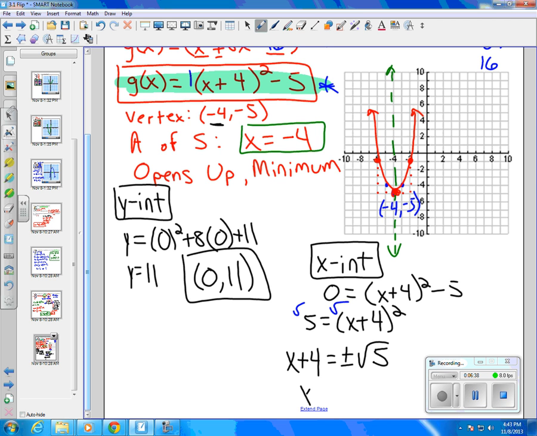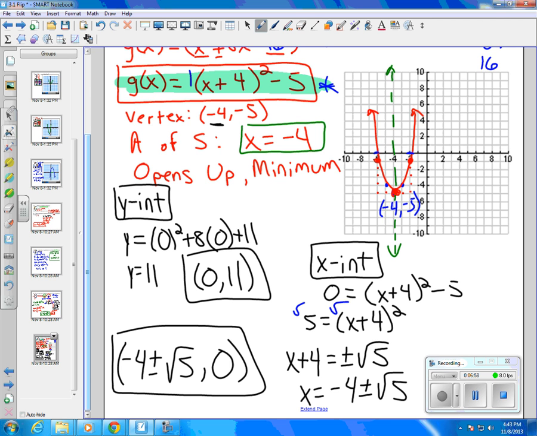And then we would get x equals negative 4 plus or minus root 5. So the x-intercepts in this case, we have 2 of them. They would exist somewhere here and here, and those coordinates would be negative 4 plus or minus root 5, comma 0. Keep in mind, we also call those roots, solutions, or zeros. And that is all.